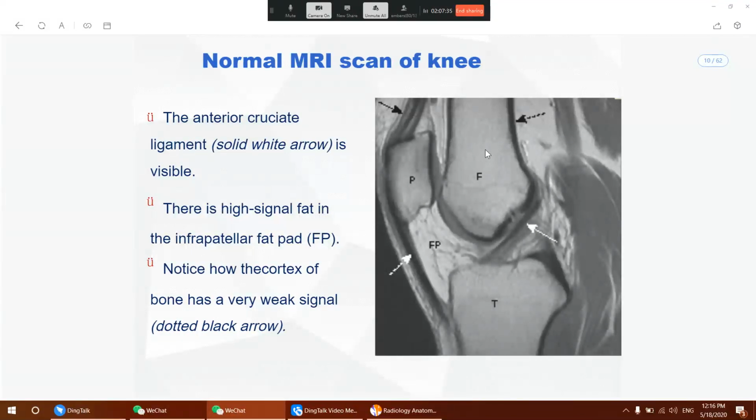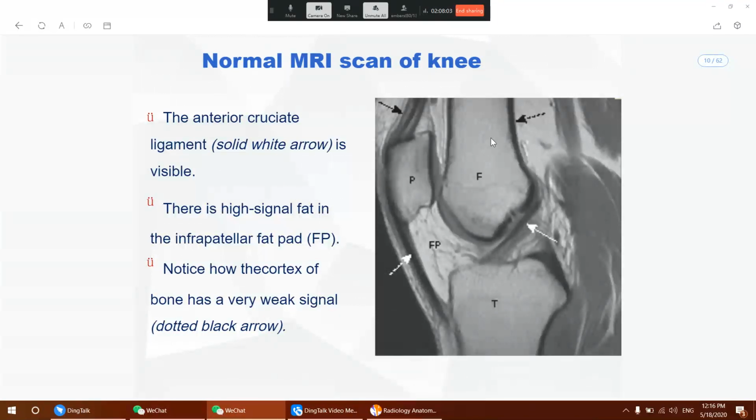Actually, it is the fat, and fat is the one that shows up as a high signal on the MRI scan. Then you can also see that the cortex of the bone has a weak signal. You see here, water is white, fat contains water.